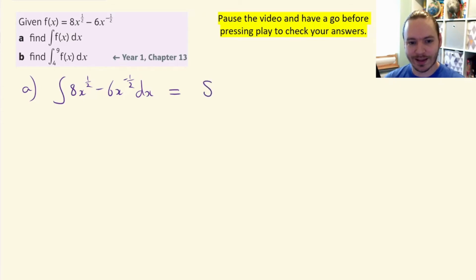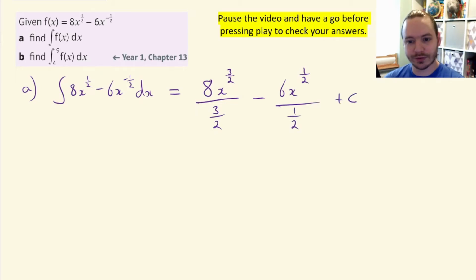So I'm going to get 8x to the 3 over 2 divided by 3 over 2, take away 6x to the 1 over 2 divided by 1 over 2, plus our constant from integrating, because remember, if you differentiate constants, they disappear. So when we have to integrate, we need to pop that constant back in because we don't know whether it was there or not. And this tidies up.